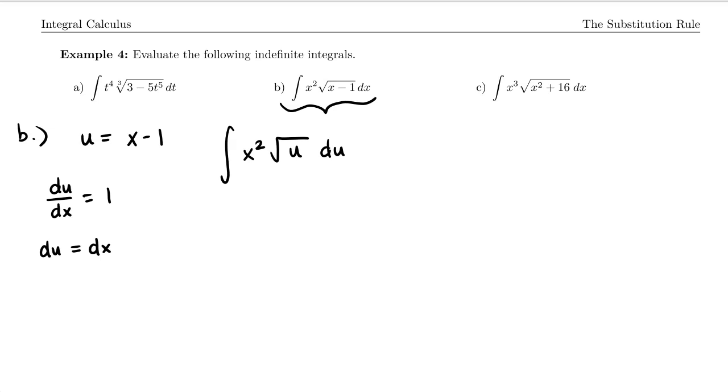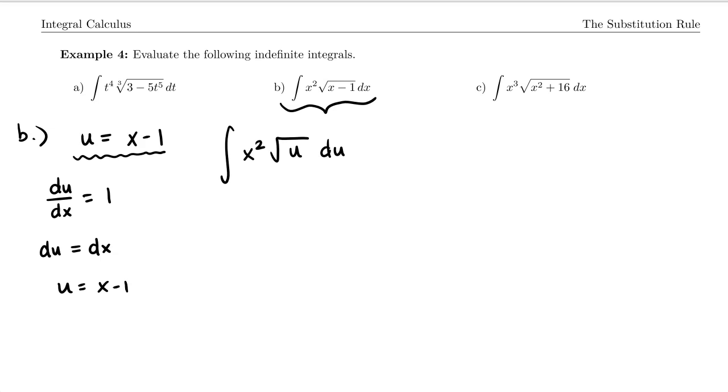So what's going to happen is I want to take the relationship that u is equal to x minus 1. Because that is the way we defined it, and that is an equation, as long as I do something to one side and do it to the other side, they should remain equal.